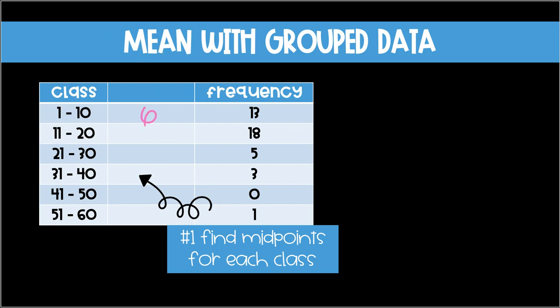Then we have 11 plus 21, that's 32, divided by 2, 16. And you keep on doing that process until you finish your table. 21 plus 31, 52, divided by 2, 26. And then once you find a pattern, you can just keep on going. It's 16, 26, 36, 46, 56. Which means our class width will be 10.